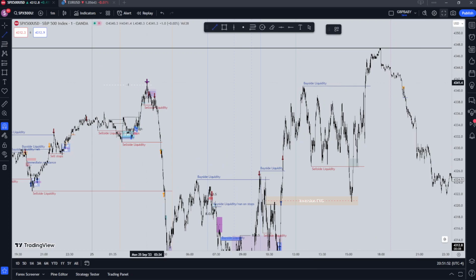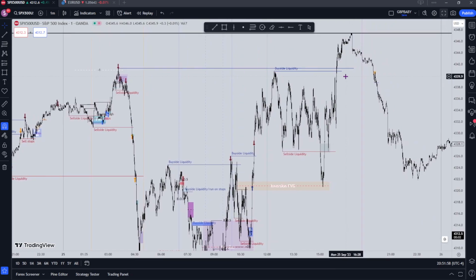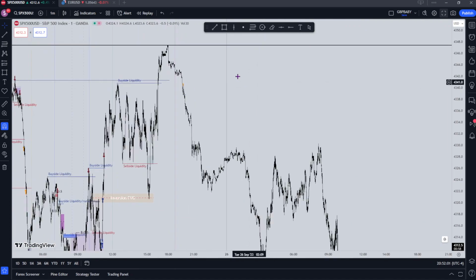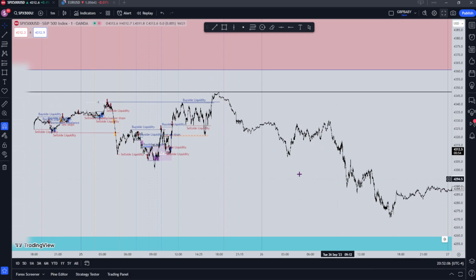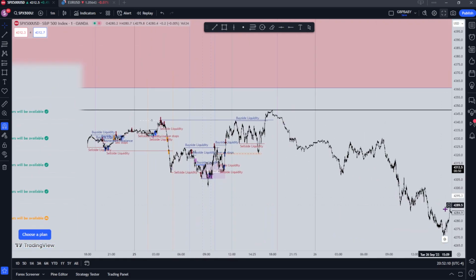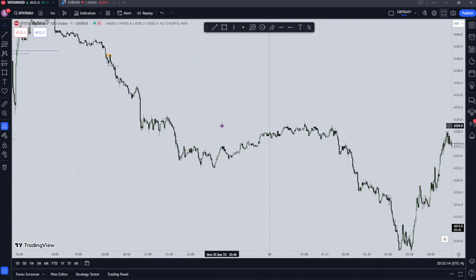Let's look at this buy side. Sure, let's go back up. Interesting.